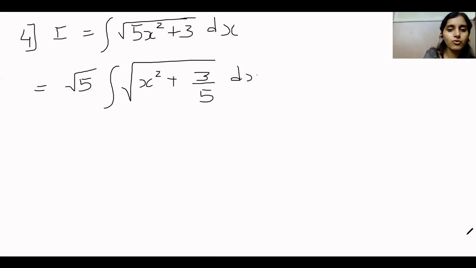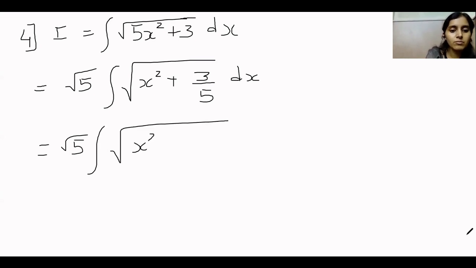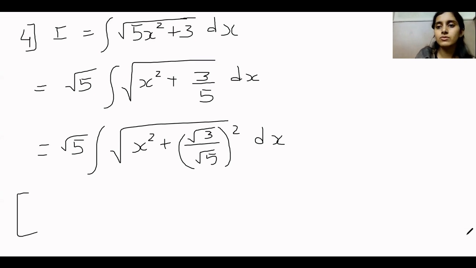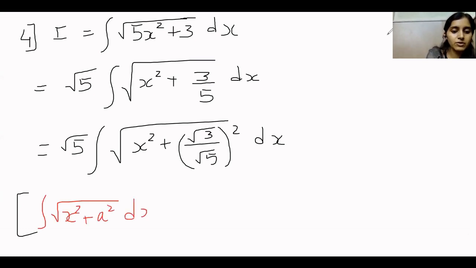Now this is of the form root 5 integration root of x square plus a square, where a is root of 3 upon 5. I'm going to put the formula for you over here for the integral of root of x square plus a square dx. We have done this in previous sessions, when we did integration by parts introduction.